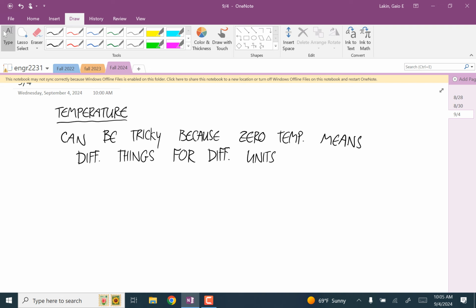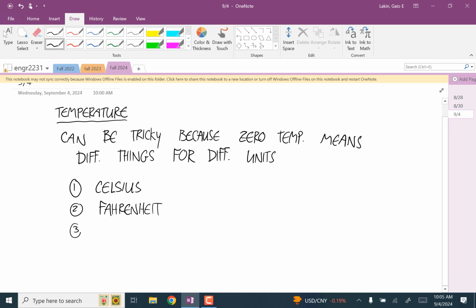So there's only 4 temperature scales that we'll ever see. Those are Celsius, Fahrenheit, Kelvin, and Rankine.